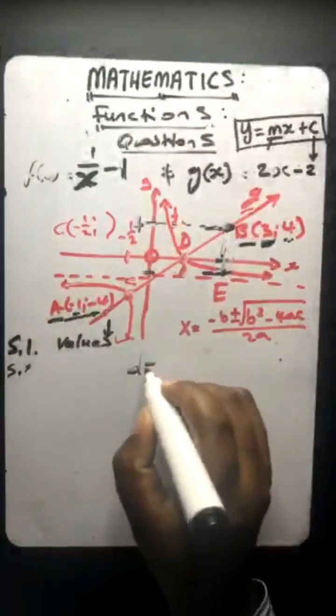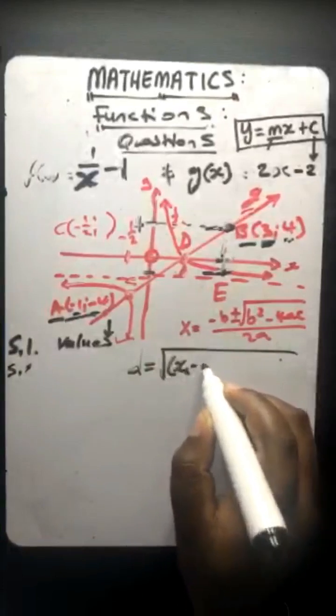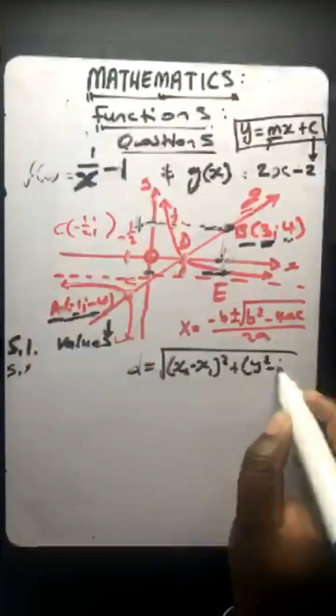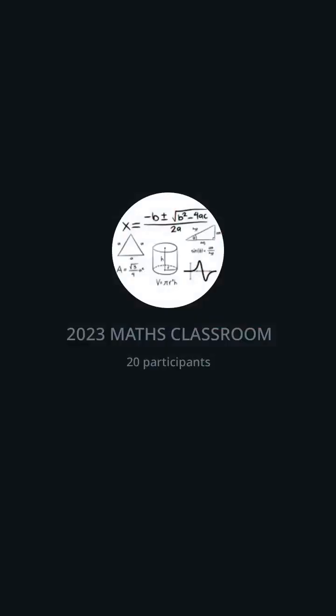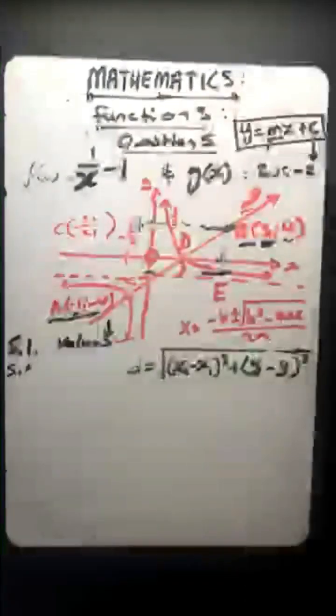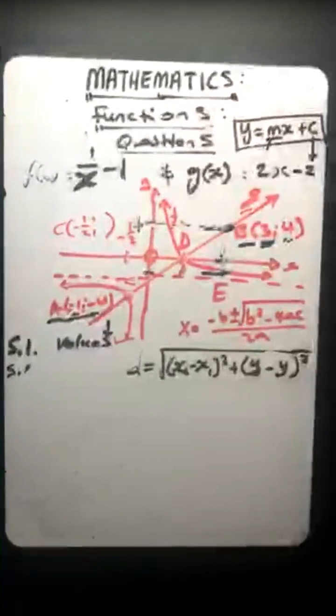This is the formula. It says, I think, the square root of x2 minus x1, squared, and then you plus y2 minus y1, squared. This is the formula for calculating the distance.